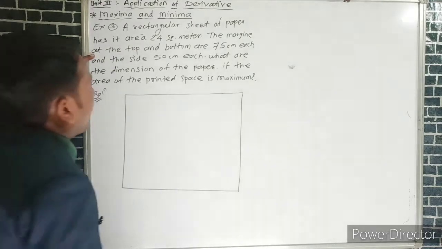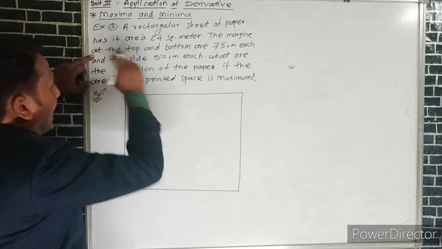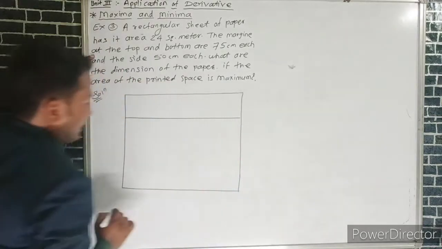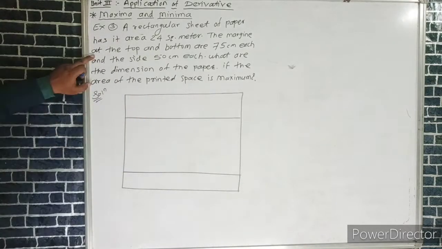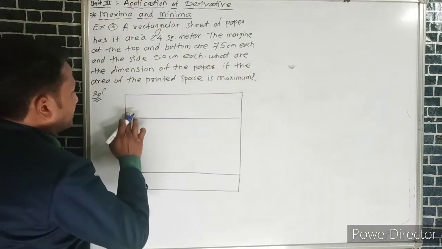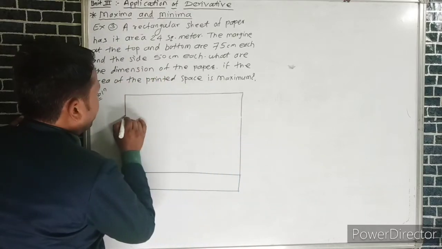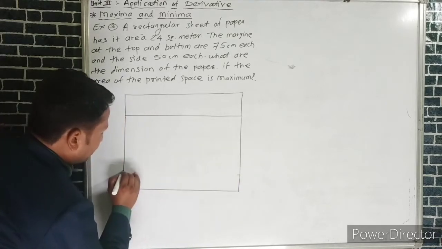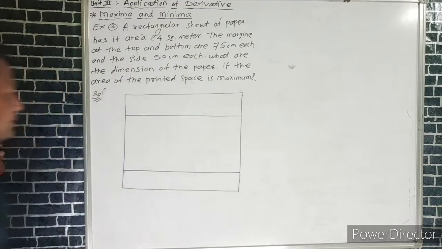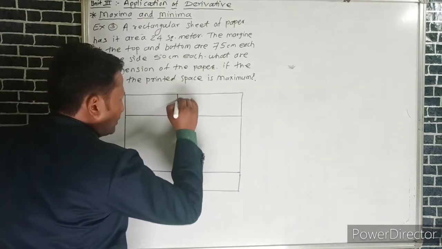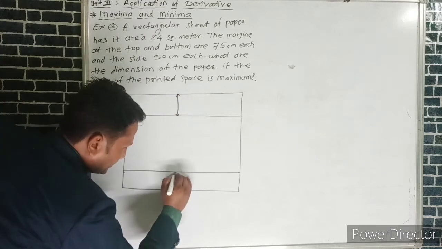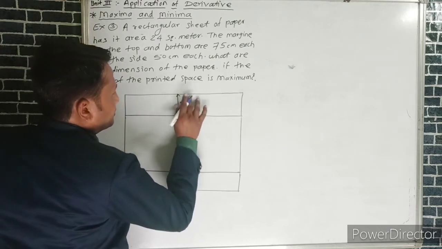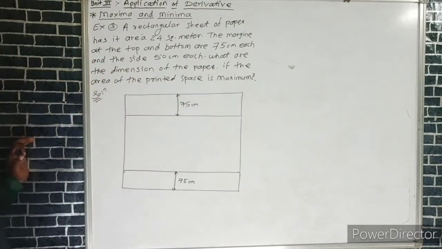The margin at the top and the bottom is 75 centimeter each. That means the margin at the top and the margin at the bottom are both 75 centimeter.